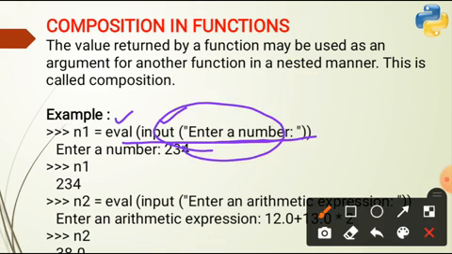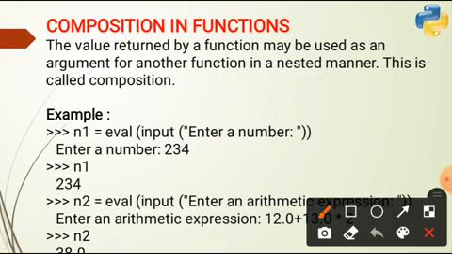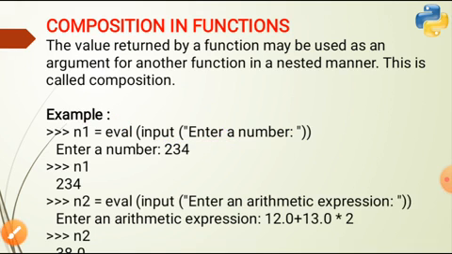The rightmost gets the highest priority. So the input function executes first. It submits the value to evaluate. Now the evaluate function calculates the value and then produces the answer to the given variable. That is the process, moving from right side to left side.